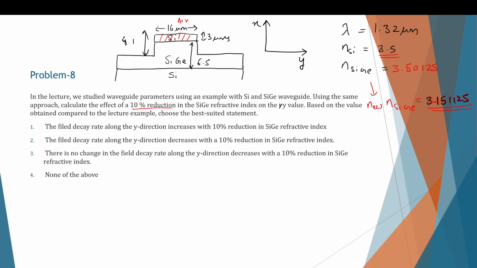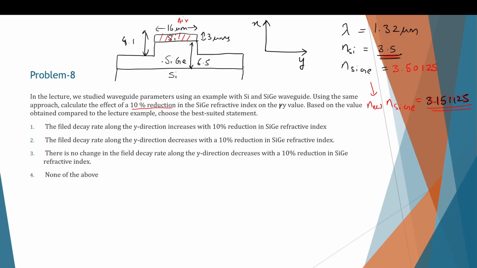So this number is smaller than my silicon refractive index. So that means that silicon is more likely to guide light compared to silicon germanium, because the refractive index of silicon germanium is lower than silicon. So that is what our intuition tells us.